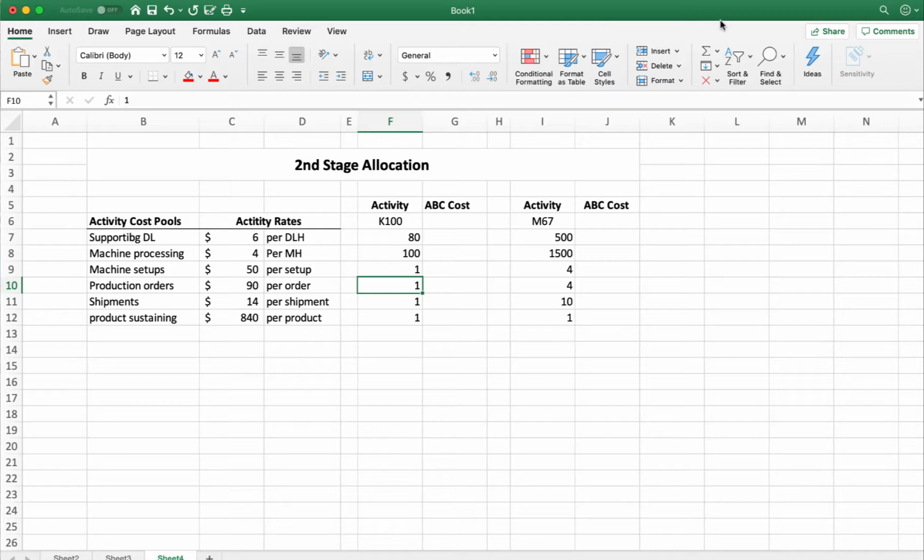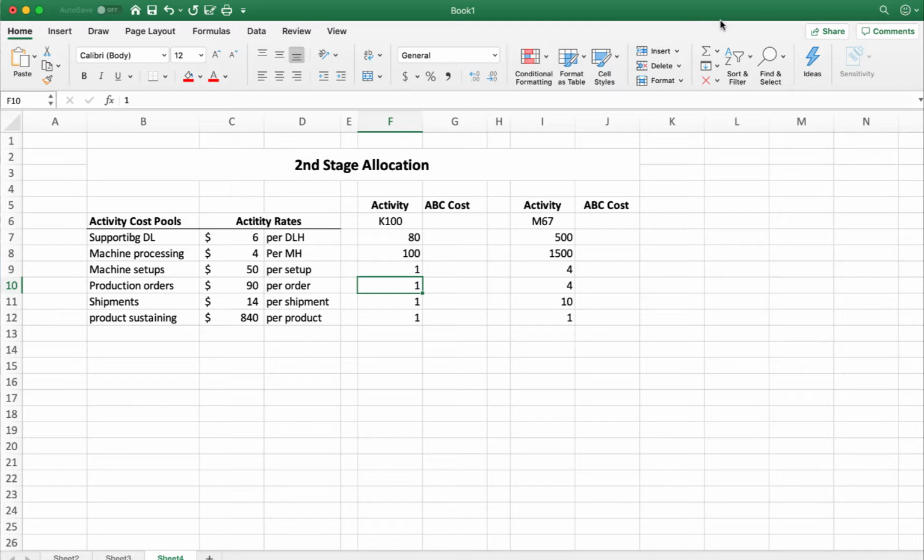In order to do second stage allocation we need a number of things. First we need the activity rates, and in order to get the activity rates we have to go way back to first stage allocation, determining our activity cost pools and calculating the total cost of each of those activity cost pools.